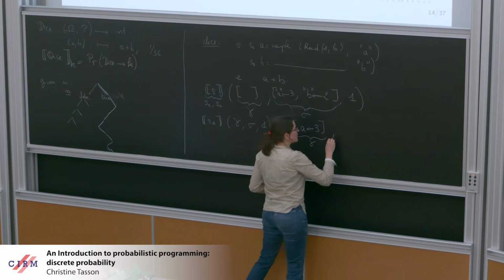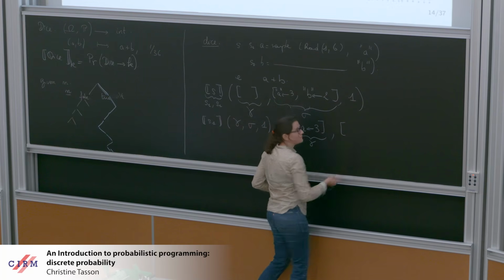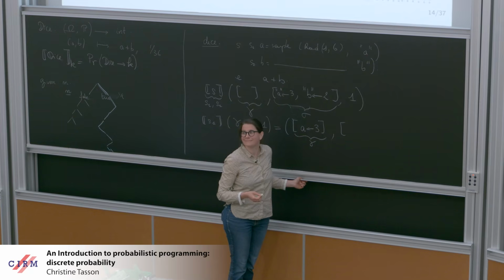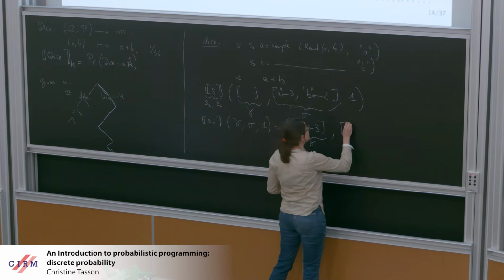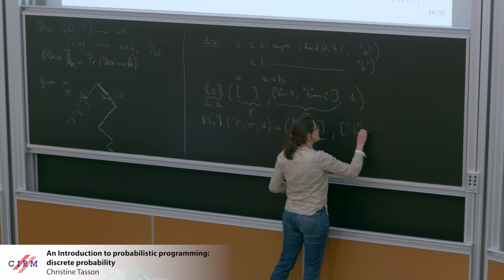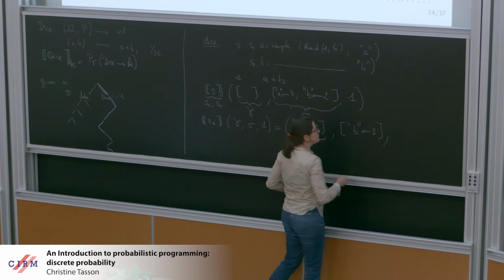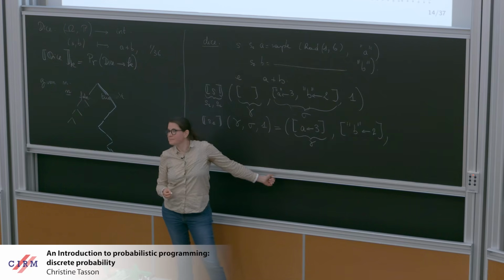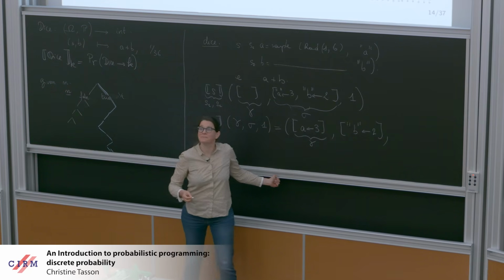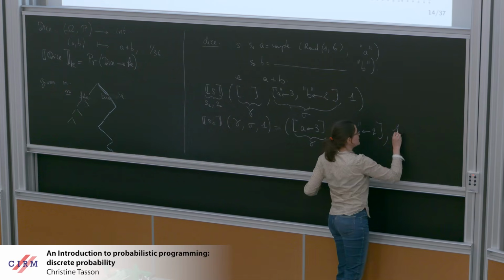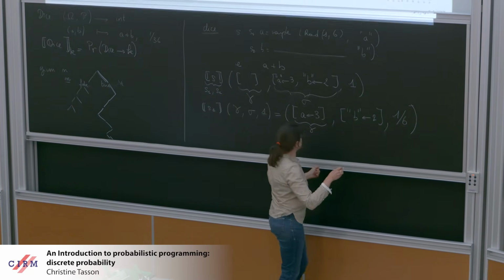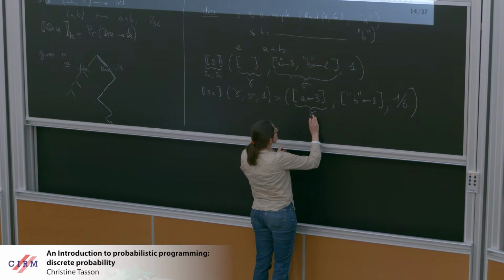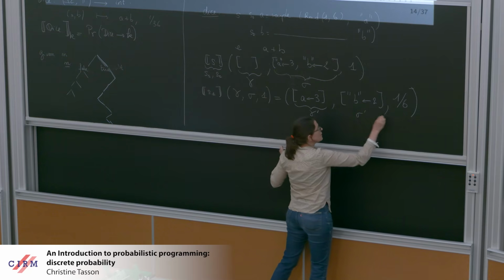What is my new sampling trace? B gets 2. Yes. What is the probability? 1/6. Okay. So that's gamma prime, sigma prime, rho prime.